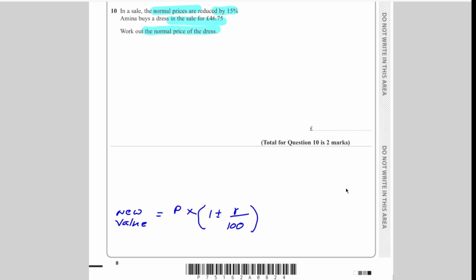So remember P stands for original value. You can write cost, you can write normal price, you can write principal value, you can write old value. So there are a lot of terms for this one. Right. New value.